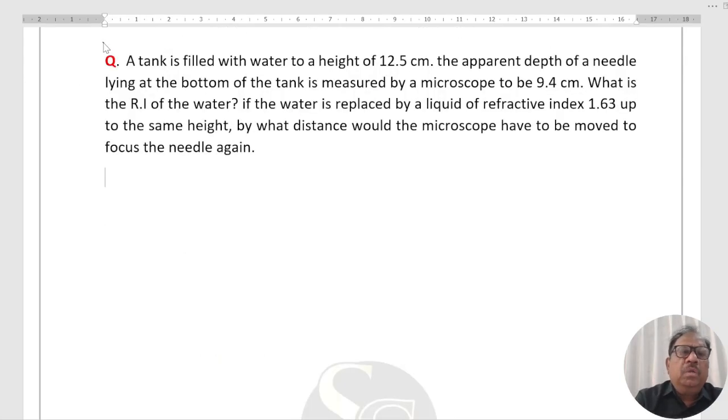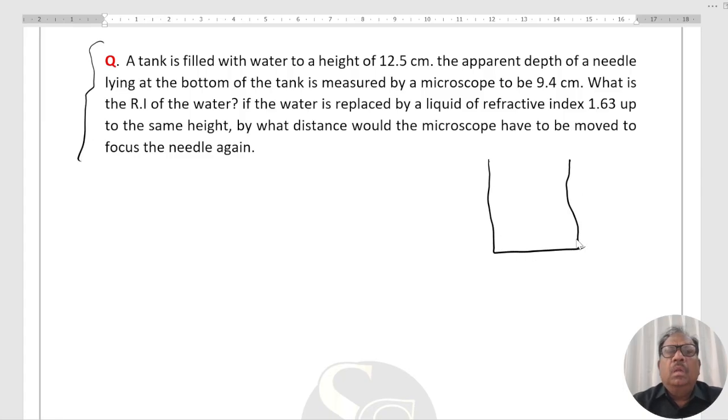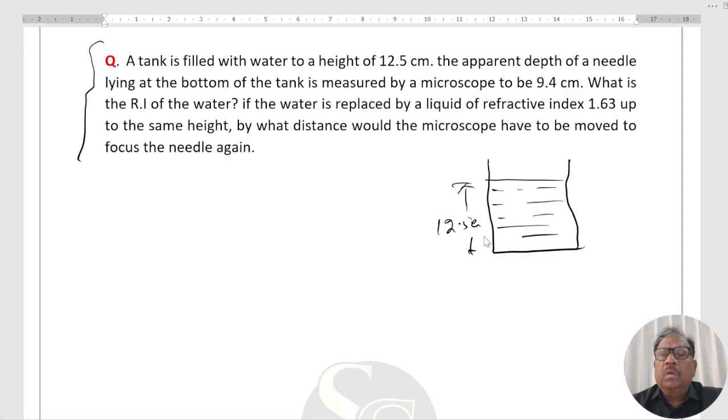Now, let's start with the question. The tank is filled with water, suppose this is the water, to a height of 12.5 centimeter. This is the object and this is the observer. This is the apparent depth, given as 9.4 centimeter.